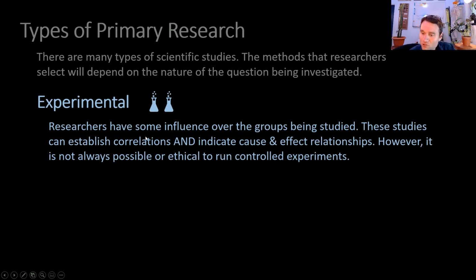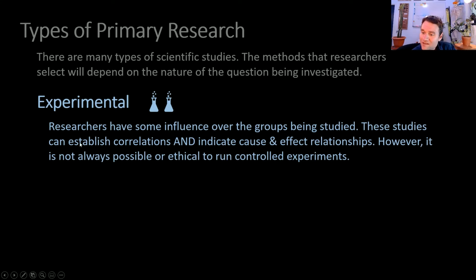So experimental research. Researchers have some influence over the groups being studied. For example, they're dividing them into experimental and control groups, or they're giving them some new drug treatment, or they are controlling how long they're being subjected to some factor of interest, something along those lines.